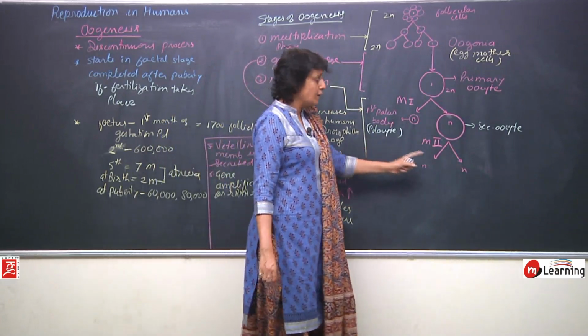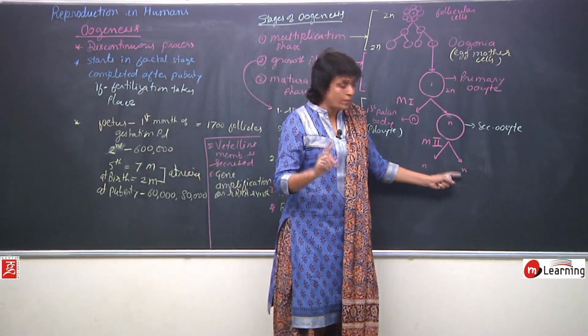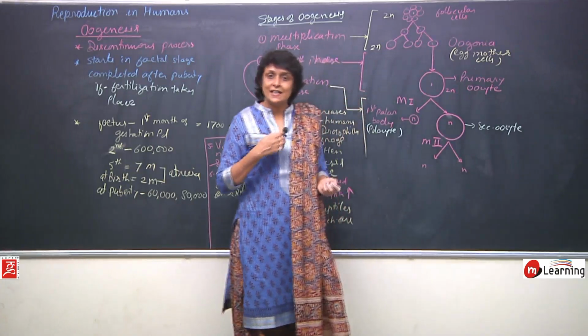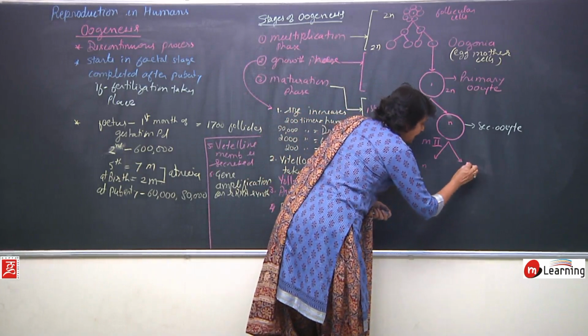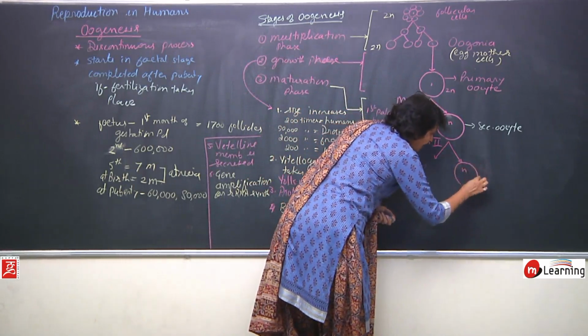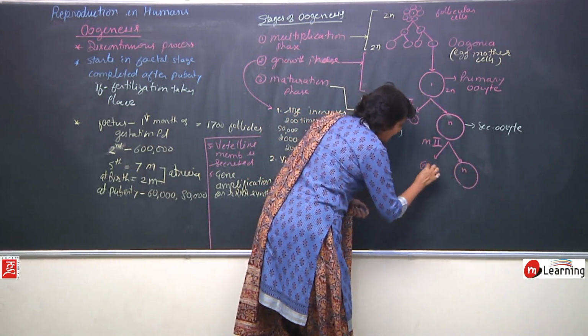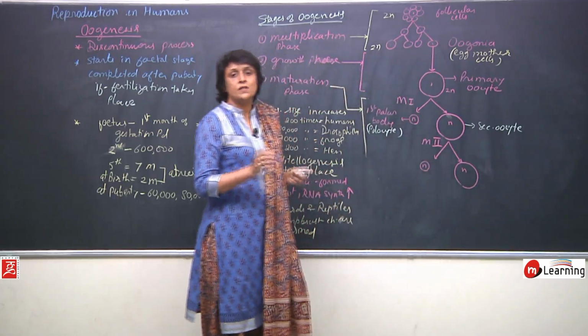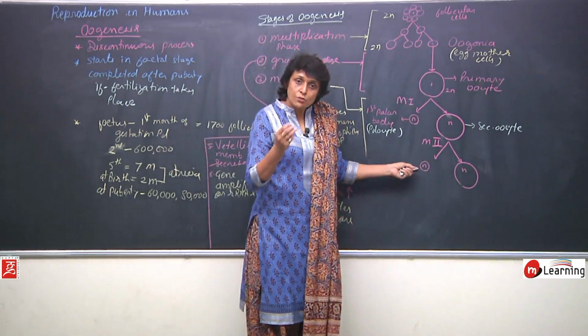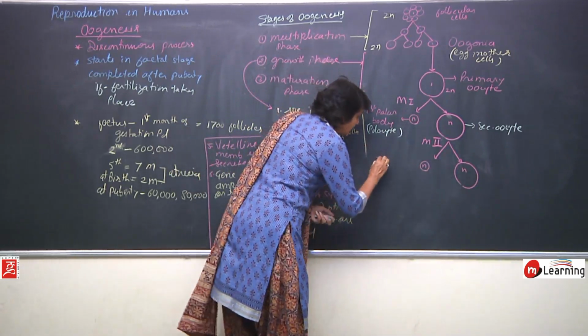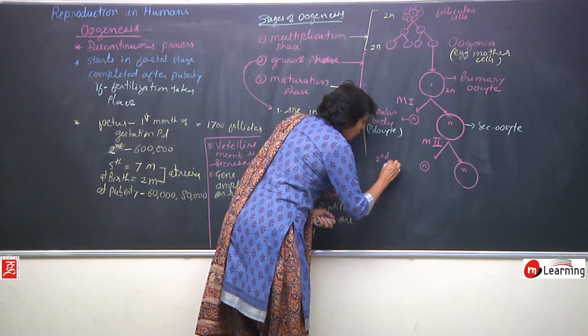And again, because only one egg is to be formed, one cell will retain almost the complete cytoplasm, and the other cell will get a negligible amount, whatever is required for the basic division. This again is a smaller cell which is formed, and it is called the second polar body.